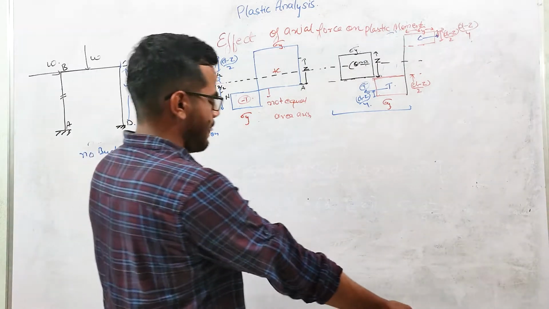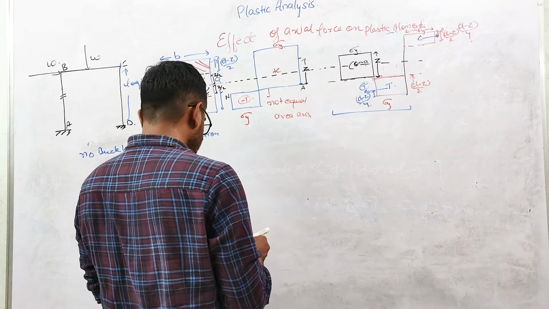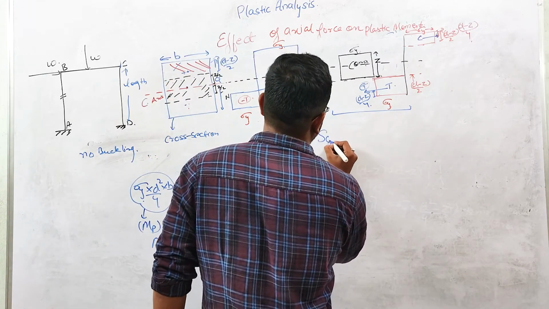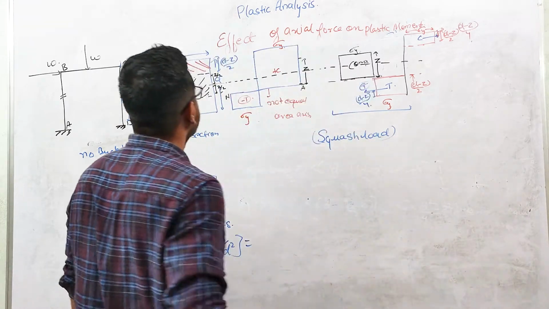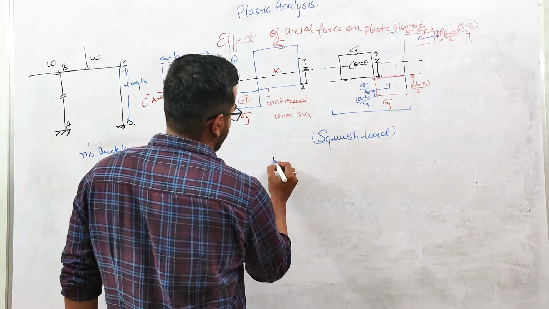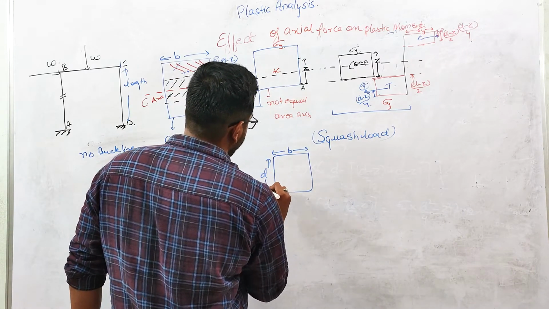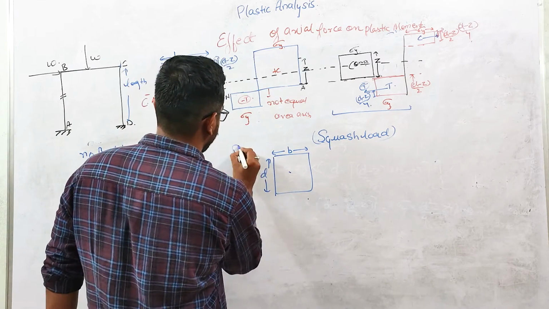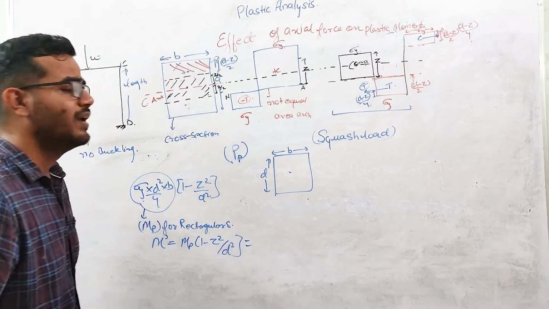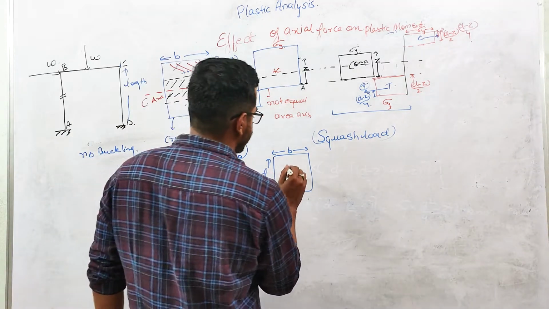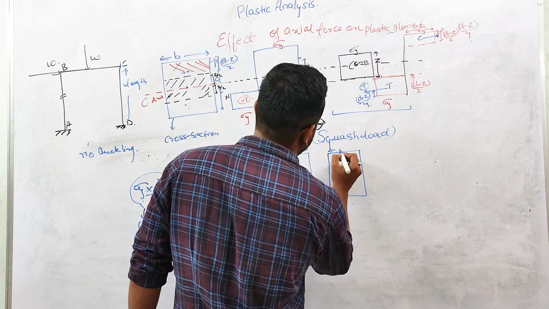There is a term called squash load. And what is this load? If you have a cross section of this column, which is B by D, and you are applying axial load P, and due to this axial load the whole cross section has yielded.